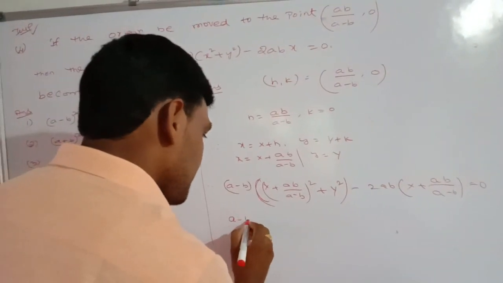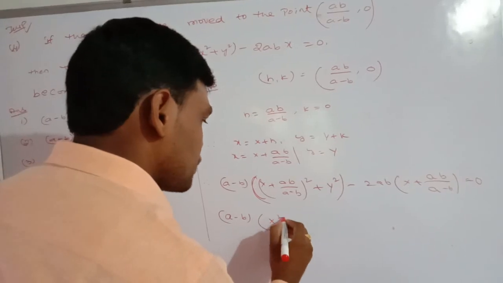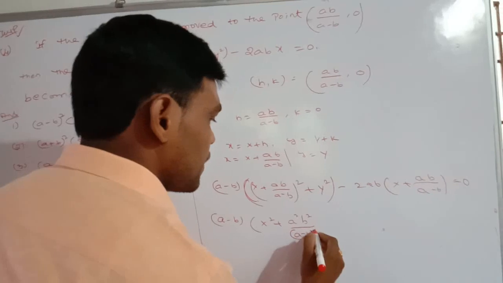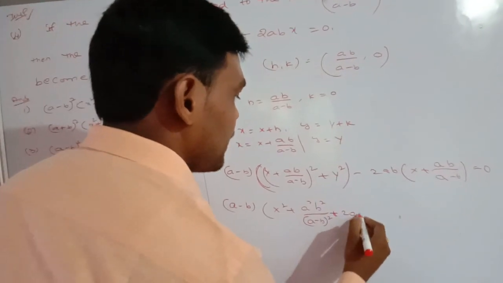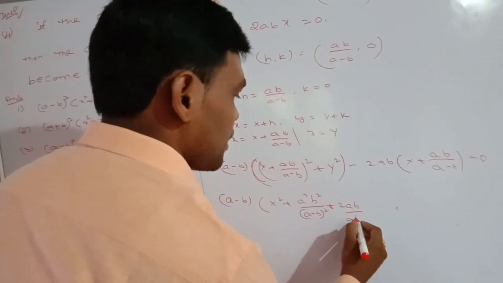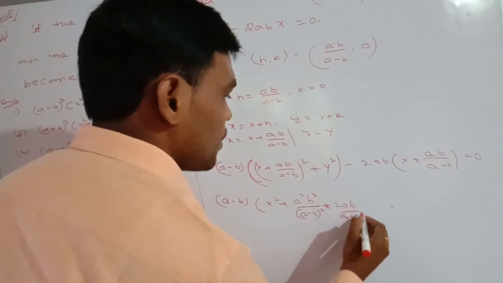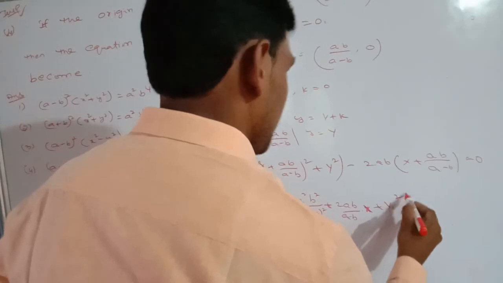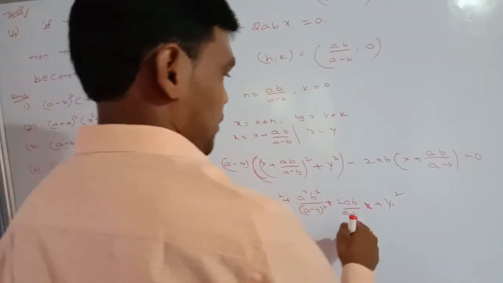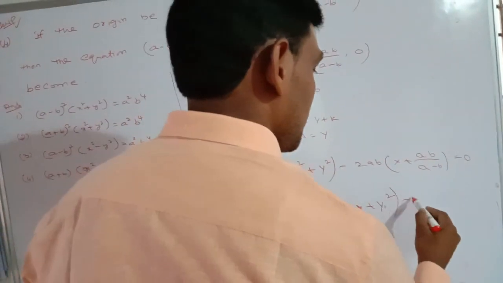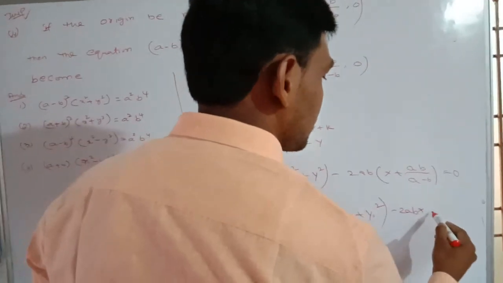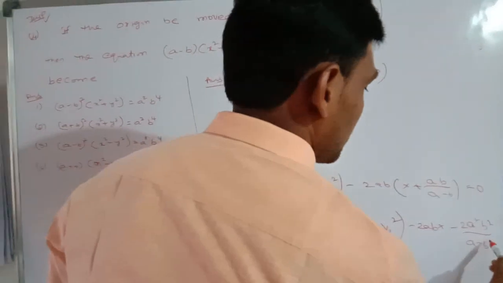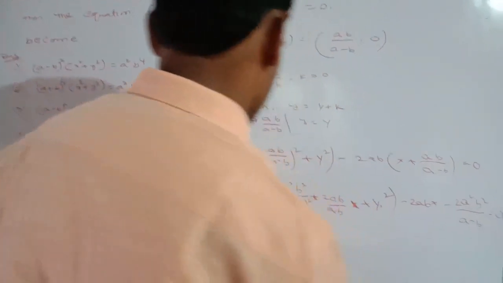So a minus b into x square plus a square b square by a minus b whole square plus 2ab by a minus b into capital X, plus y square, this is a square plus b square plus 2ab, and this is minus 2ab capital X minus 2a square b square by a minus b is equal to 0.